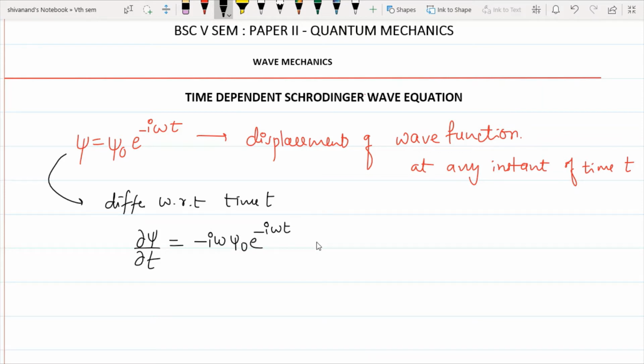We know that this is psi, so it becomes minus i omega psi. Let us call this equation 1.